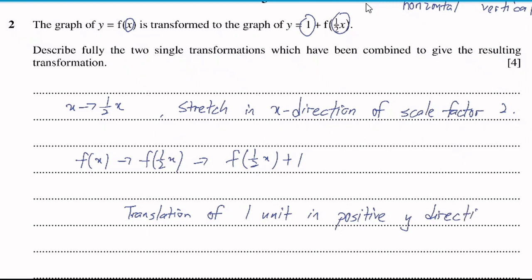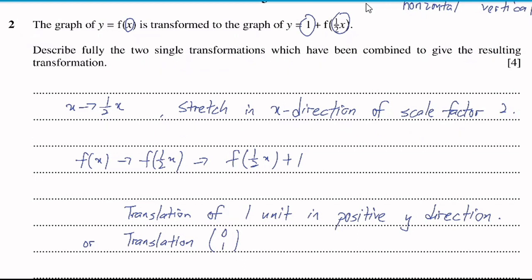You can either use this sentence, or the easier one is to use the translation vector. We didn't move in the x direction, but in the y direction we move 1 unit. So this is what we can give for this transformation.